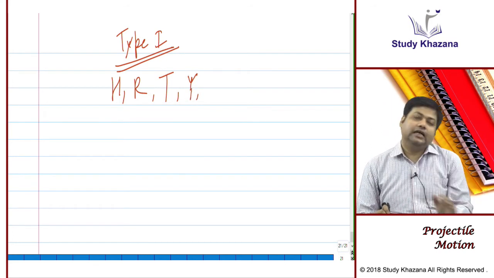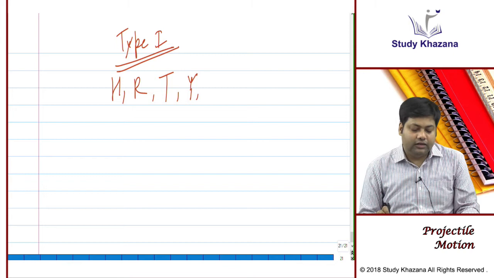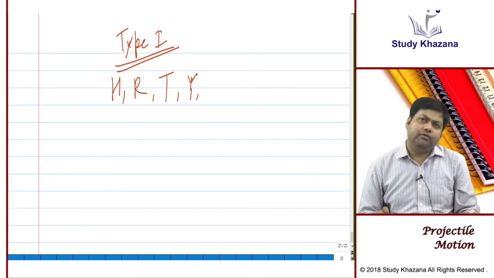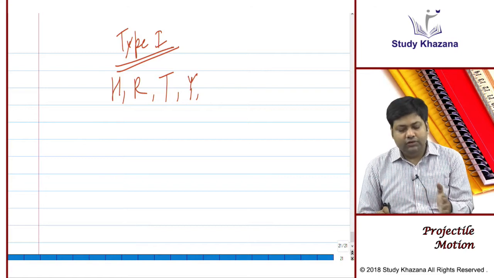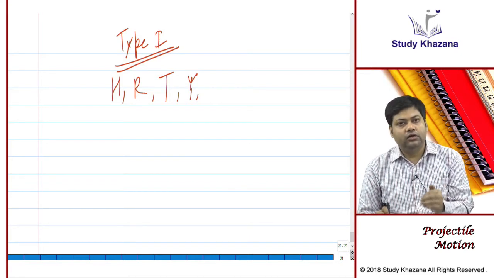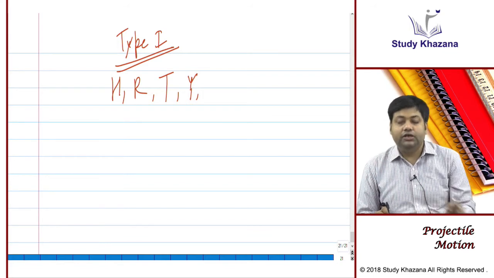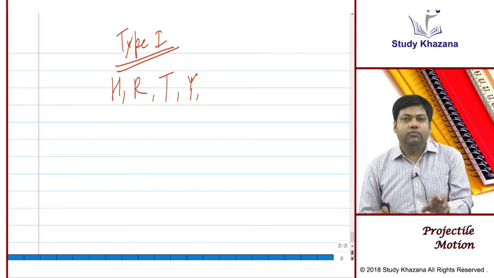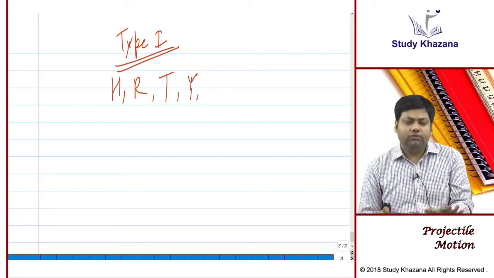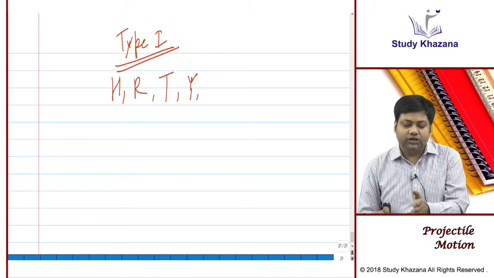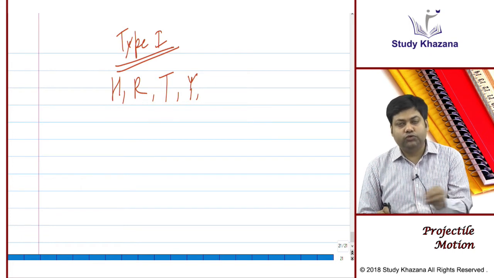This can come up, and obviously here the angle will be given. So these are straightforward problems. What we need to do is have a very clear grip on the formula. We'll deploy the formula, and even for the equation of trajectory, if you remember it, you can easily solve these questions because there is nothing much in terms of calculation that you need to do. Just put in the values.